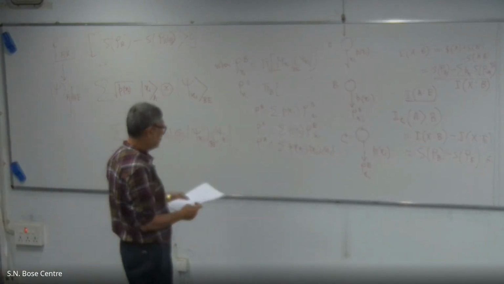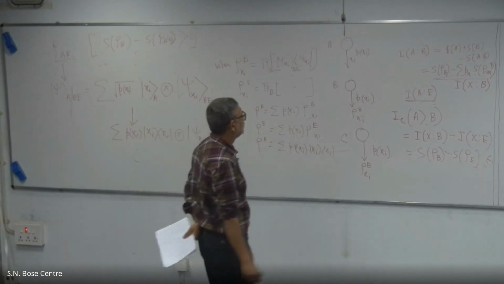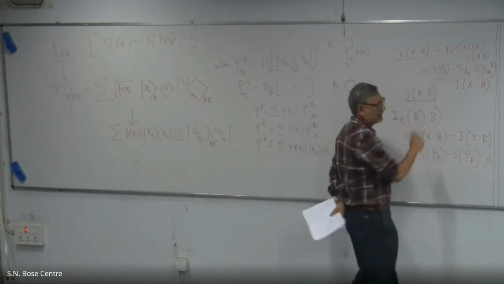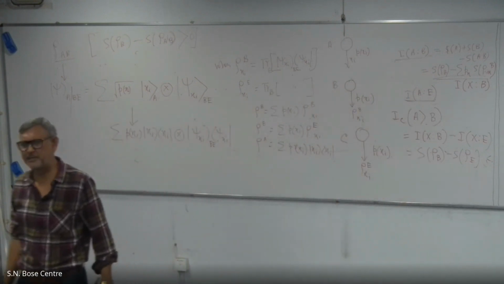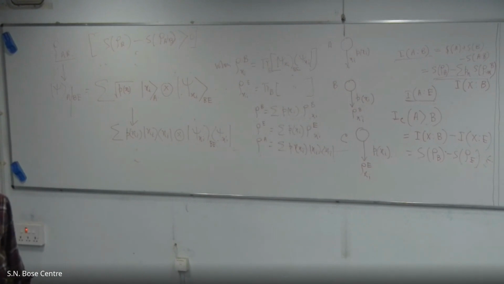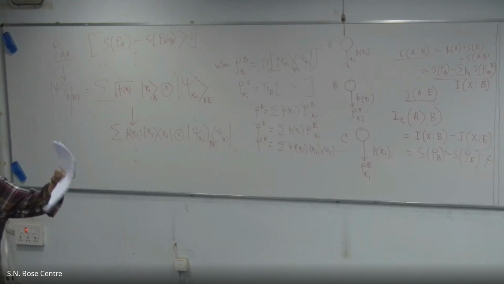What is IXB? This quantity is actually the Holevo quantity I wrote, but for this particular case it can be written as quantum mutual information. I am just defining it. Regarding the Holevo quantity's interpretation, we have seen that 2 to the power n times the Holevo quantity is the number of sequences that can be distinguished. That is the interpretation.